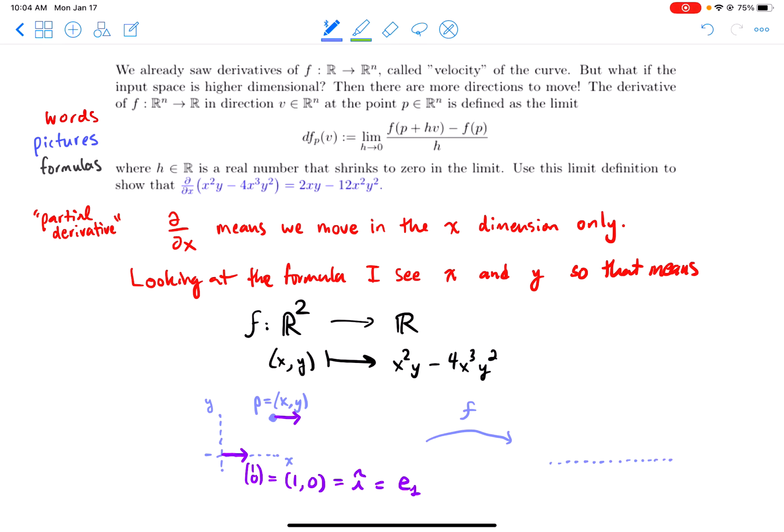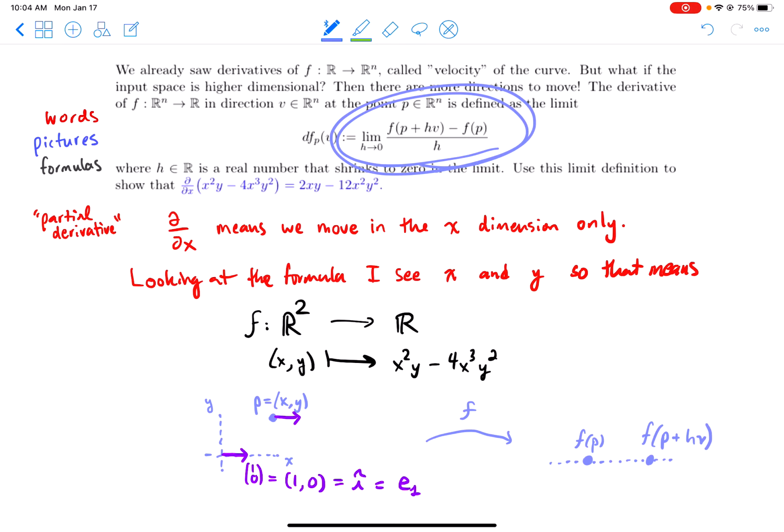And somewhere is f of p plus a movement along the direction v, and somewhere else is f of p. And I'm just going to subtract those numbers. Okay, so I think that's basically my picture.